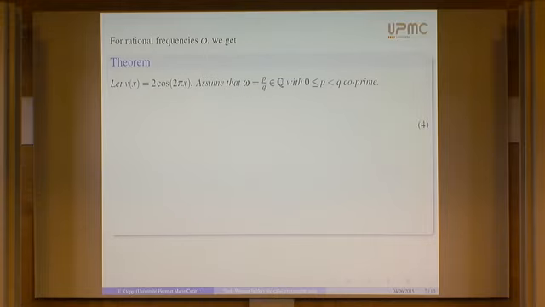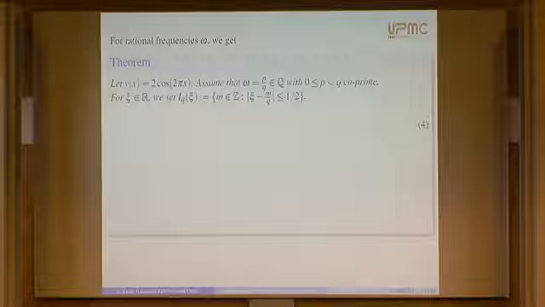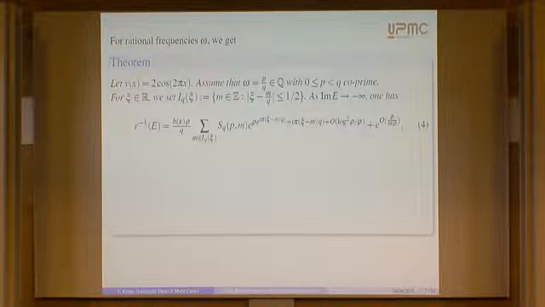Assume that it's P over Q with P and Q co-prime, P less than Q, right? And then what you can show is the following. If you set Xc to be some neighborhood of Xc modulo Q, that's the precise definition, then when you let the imaginary part of E go to minus infinity, the main part of the inverse of the reflection coefficient behaves in the following way.